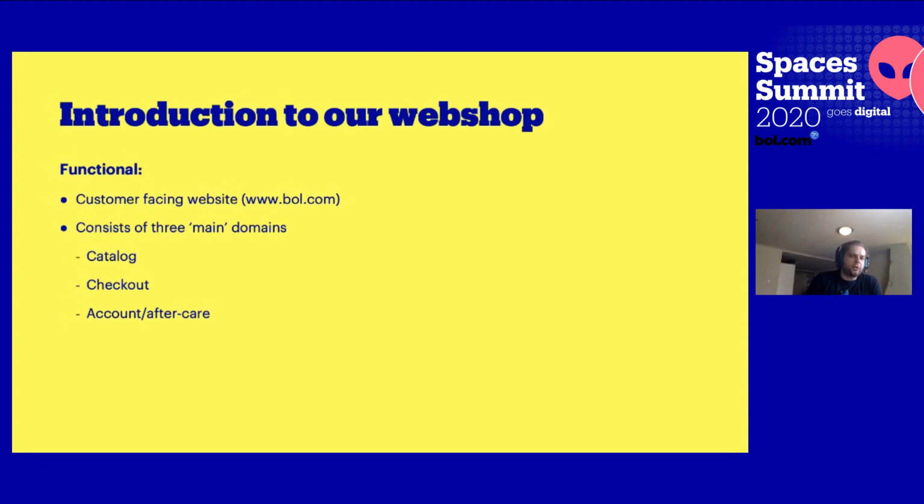So a quick introduction to our webshop. What we refer to as the webshop is our main customer-facing website. So this is www.bol.com. And generally, it consists of 3 domains. There's the catalog, which is the part where you shop around, you click, you find some products, you search a little bit, the homepage. And this is where we try to entice our customers to buy a product.